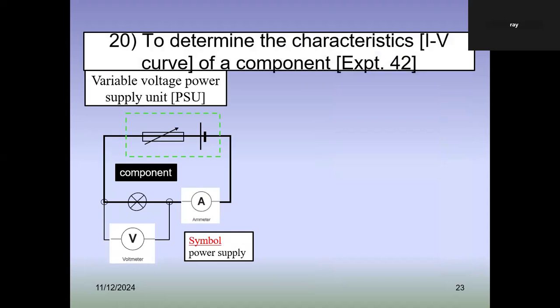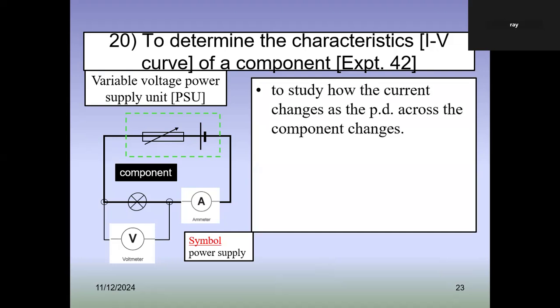Determine the IV curve, current versus potential difference curve, for a component. Test yourself. Variable power supply. We can use this circuit to study how the current changes as the PD across the component changes.